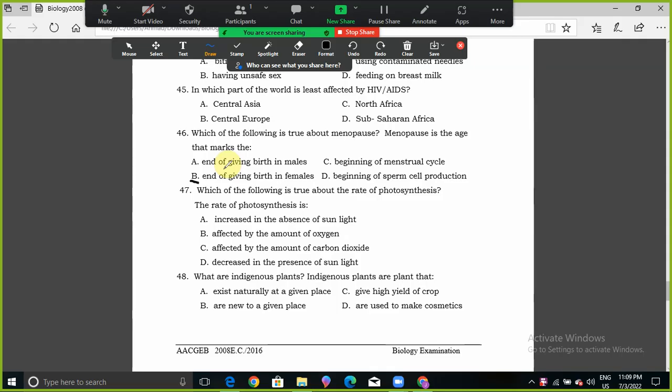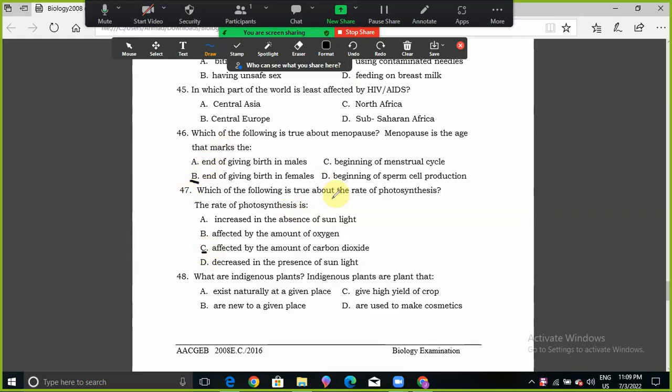The correct answer is C, affected by the amount of carbon dioxide. A is incorrect because it should be increased in the presence of sunlight. B is wrong, and D is wrong too, as we said before, it increases in the presence of sunlight. So question number 47's answer is C.